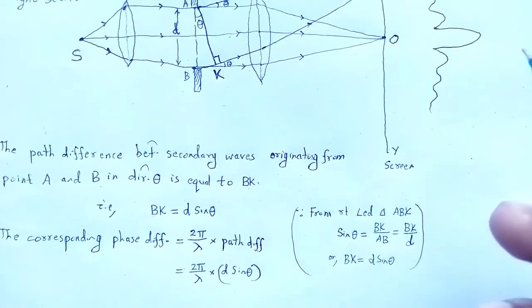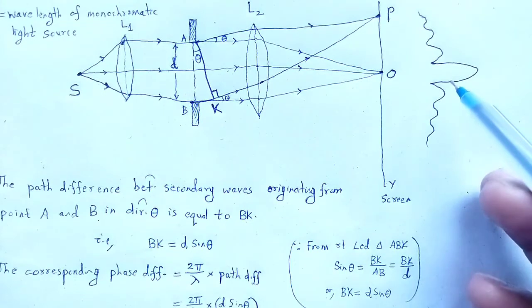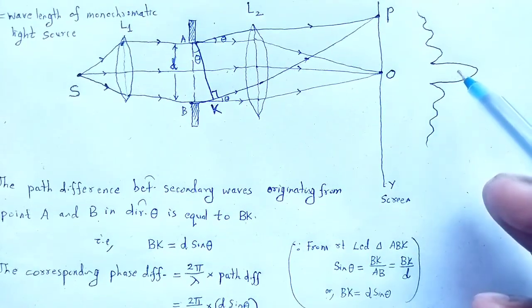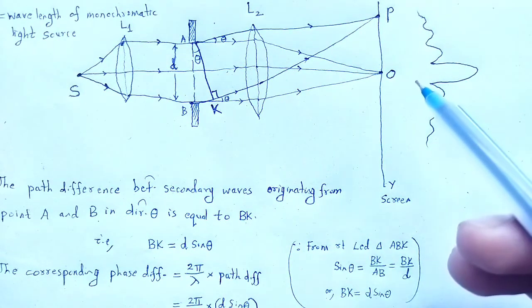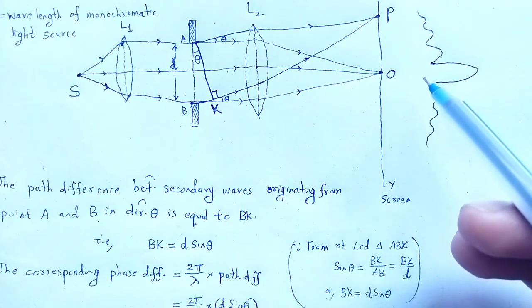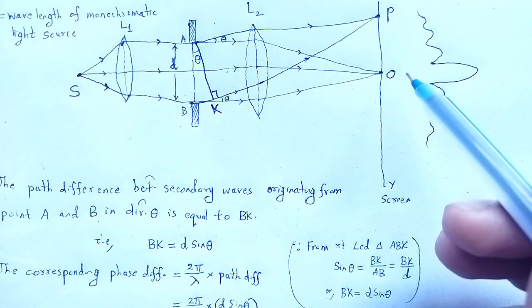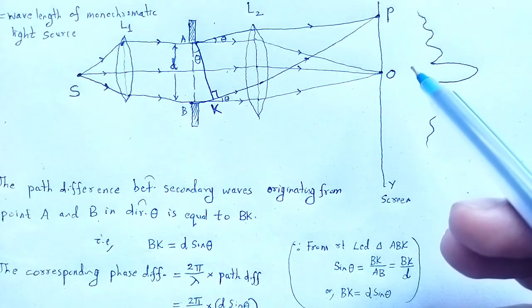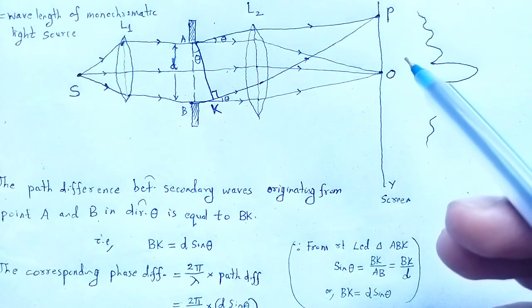For that purpose, here for the central ray we obtain the maximum intensity, and gradually the intensity decreases. For maximum intensity, the resultant amplitude must be maximum.